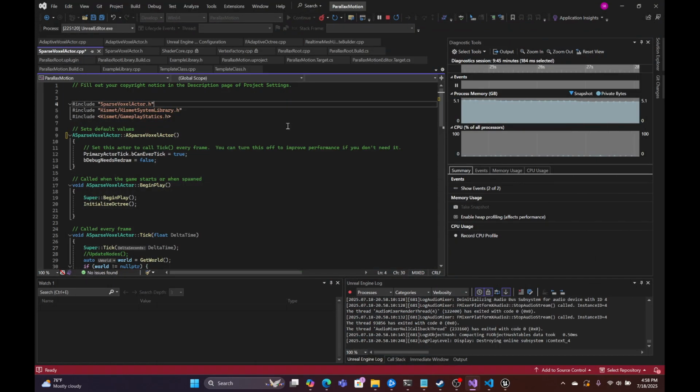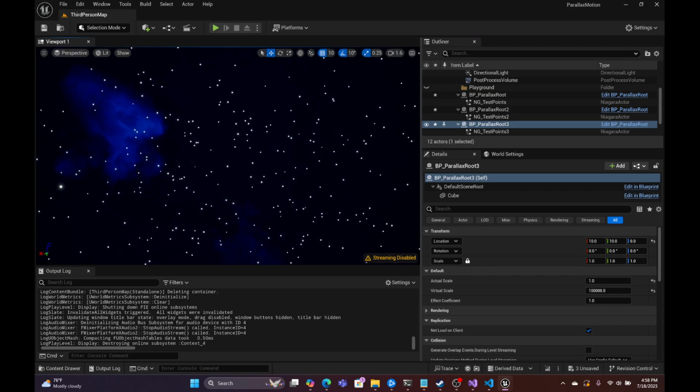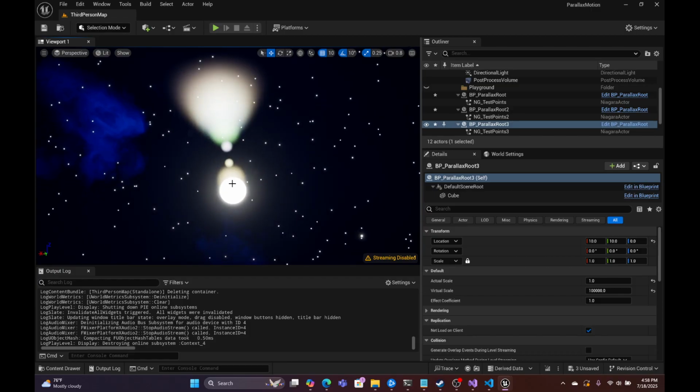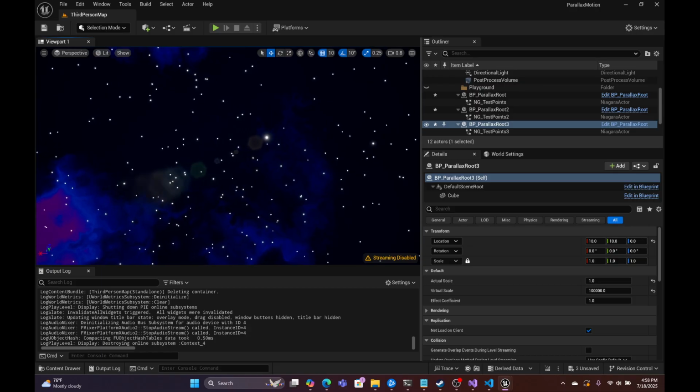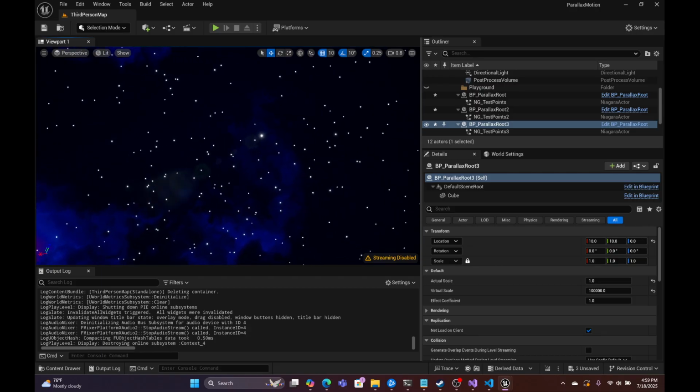It's the object that we check to see if we need to load in a galaxy of stars. That would be maybe these guys, since they're so far away. When we get close to one, we swap it out for another particle system that is the actual galaxy.